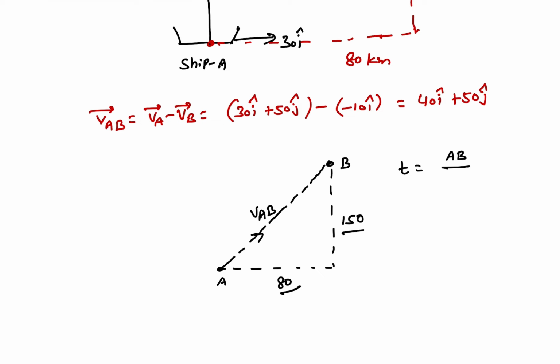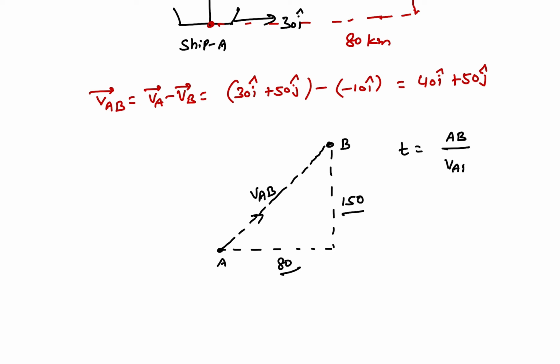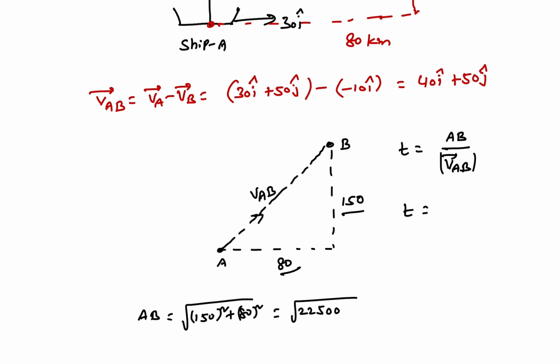Now I am writing T is equal to AB, the distance between the initial positions of A and B, divided by the magnitude of VAB bar. So T is equal to AB value, from the figure, under root of 150 whole square plus 80 square.